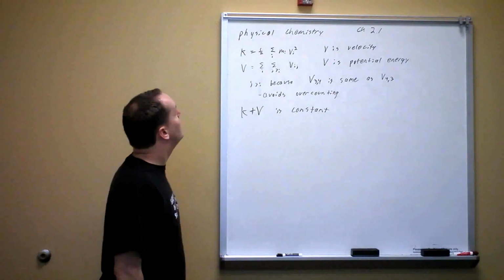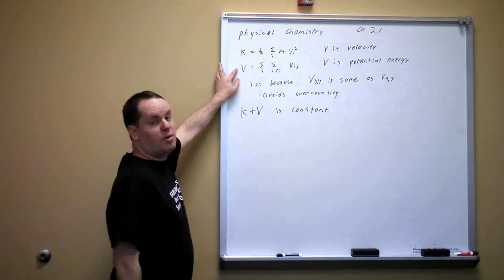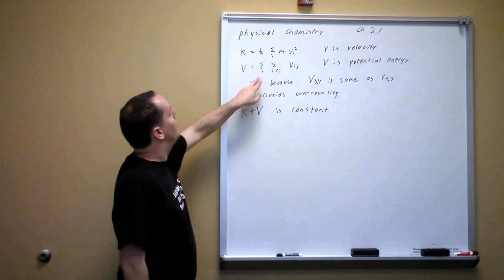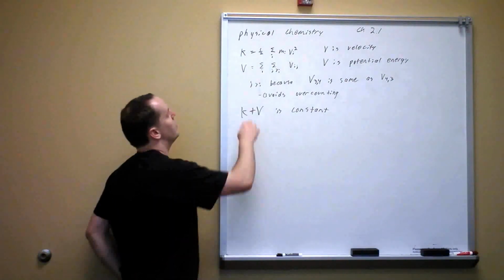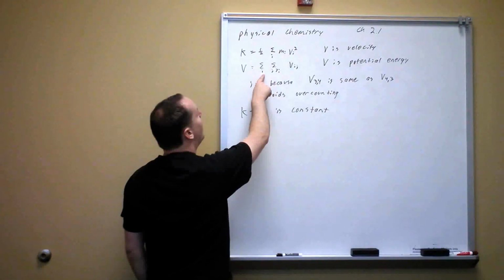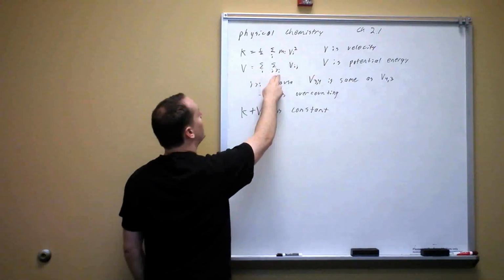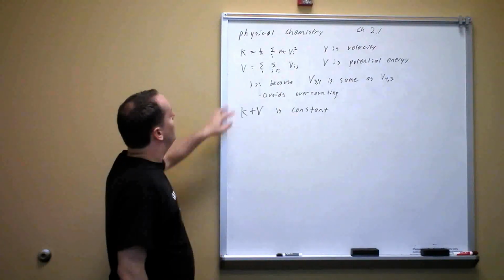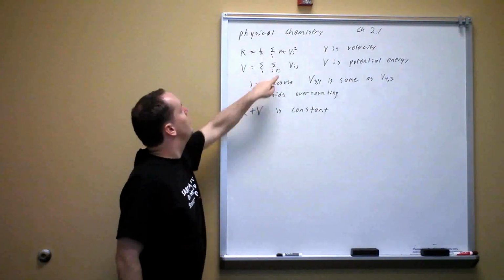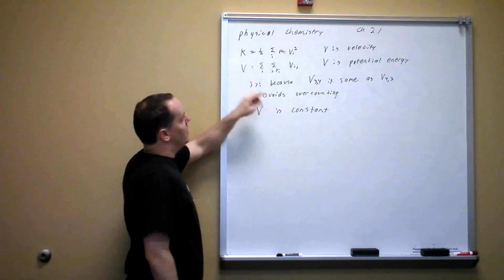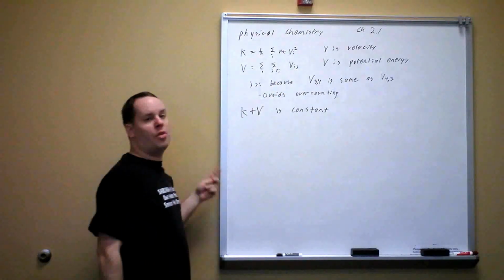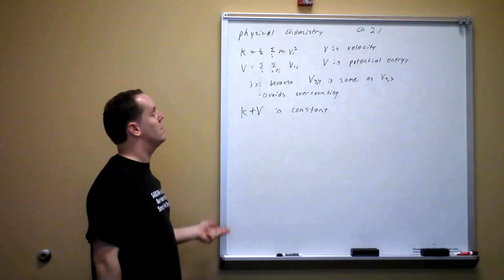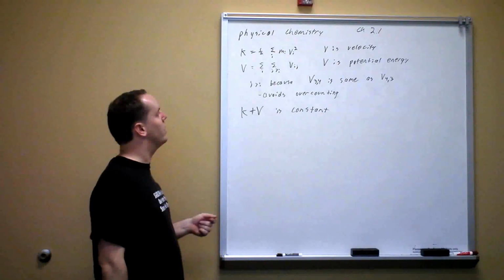On the other hand, the capital V, potential energy, is equal to a double sum here. So we have the sum over i, and then the sum over all j greater than i of the potential energy V_ij. The reason we have to do it as a double sum like this is because the potential energy of particle 3 against particle 4 is the same as the potential energy of particle 4 against 3.